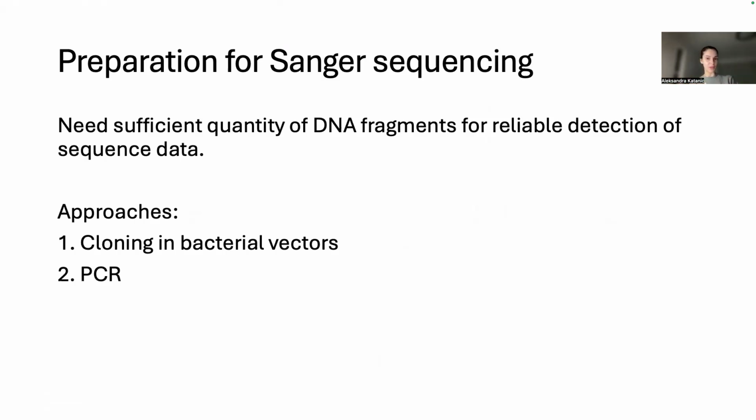If you're familiar with bacterial reproduction, you understand how that can be a good way to increase the quantity of DNA fragments that we have. This allows for the production of large amounts of identical DNA, which can then be extracted and used for Sanger sequencing. Alternatively, probably a more widely used approach is PCR, and this is more widely used because it enables targeted sequencing of the defined DNA segments without the need for cloning.